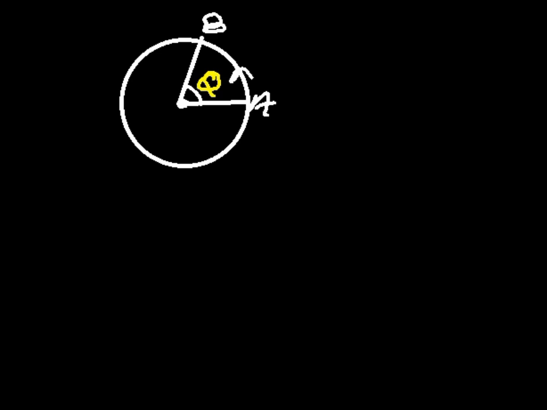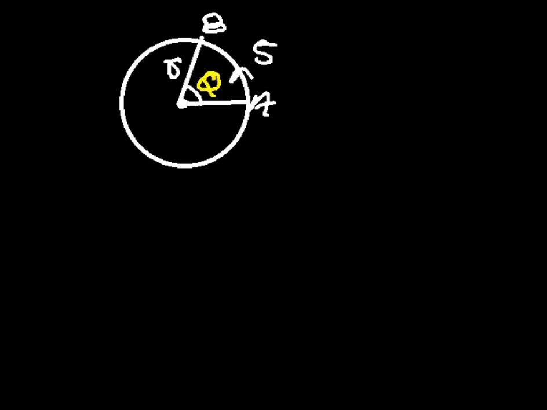Let's consider the radius of a circle given as r, and let's say the distance the object moved from point A to point B along the circumference of the circle is given as s. This is what we call the arc length, the distance traveled along the circumference of the circle. So what is the relationship among the three parameters: the radius of the circle, angular displacement, and arc length?